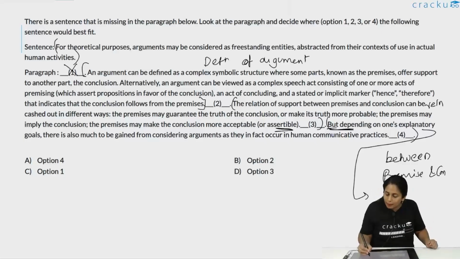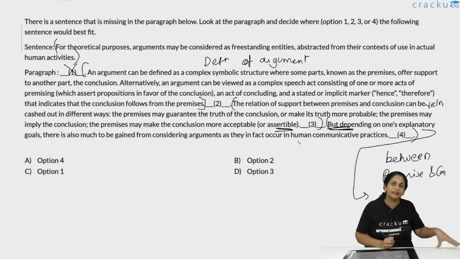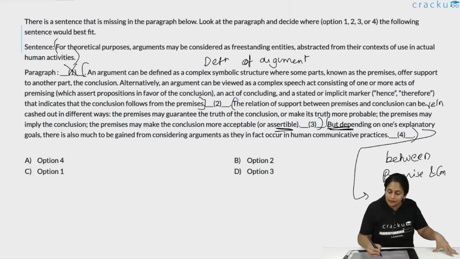So when you say but, it has to contradict something else. What does it contradict? Does it contradict the sentence before? Because this part is entirely about the relationship between premise and conclusion. It does not say anything about how or where arguments should be used or in what context they should be used. This has nothing to do with the context in which arguments have to be used, which means that this given sentence does not fit over here.